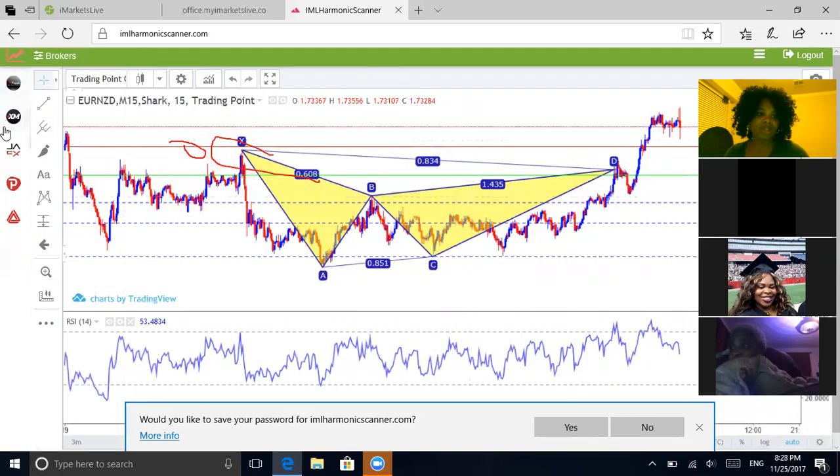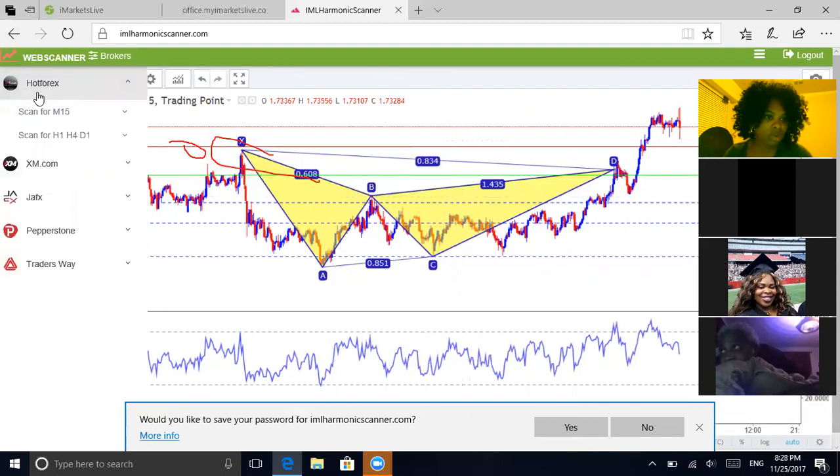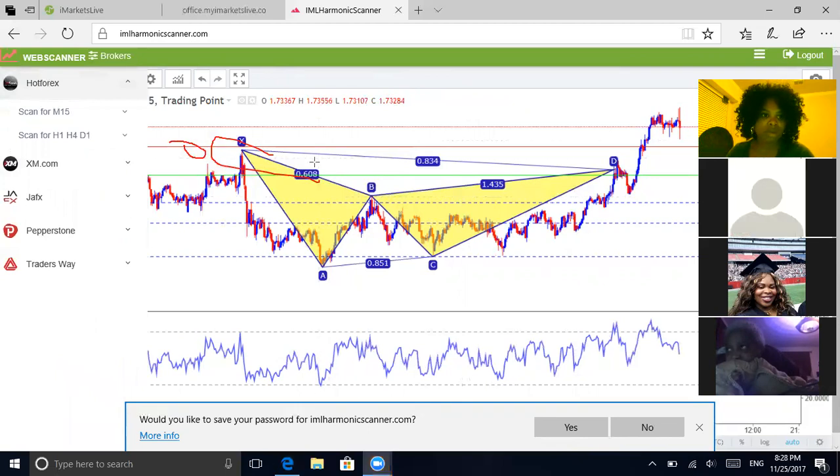There on the right here are different brokers that iMarkets Live is using. People in Nigeria will use this one right here. Hot Forex is what it's called. Let me see if I can zoom it out. Okay, right here on the right, Hot Forex.